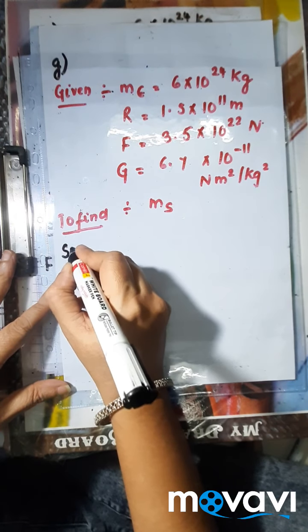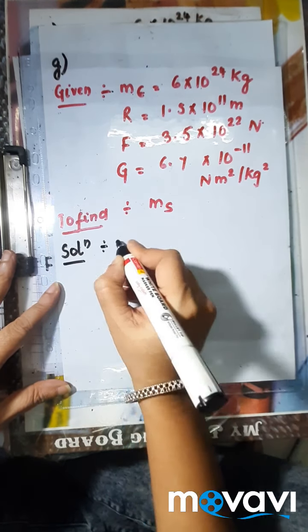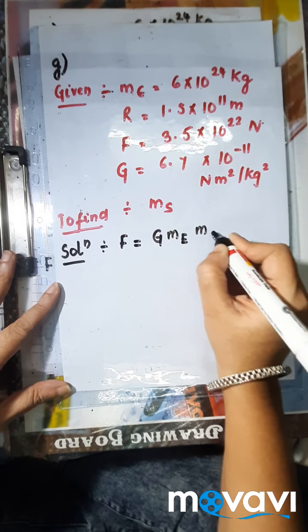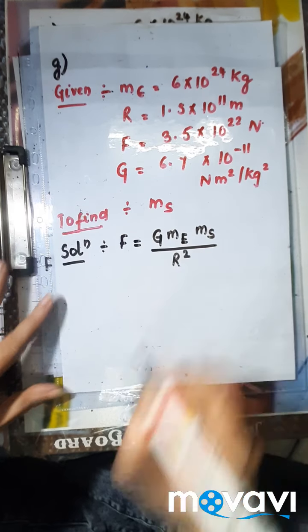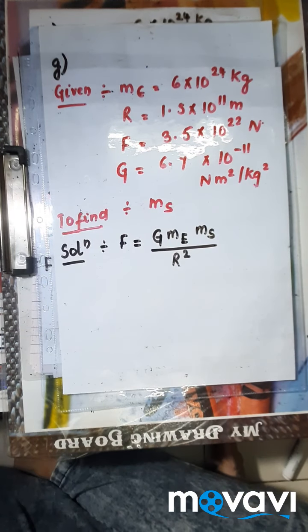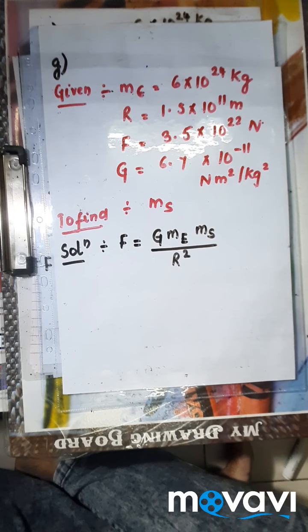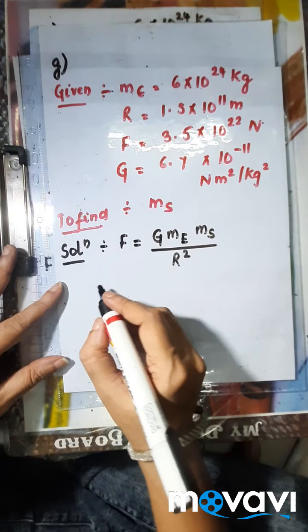See my solution. My force is equal to G m of E into m of S upon R square. Now what is my force?